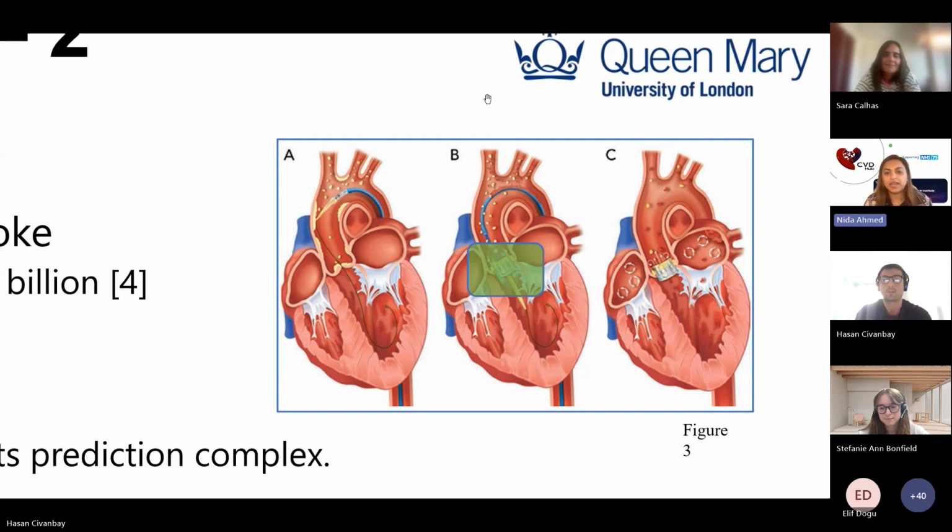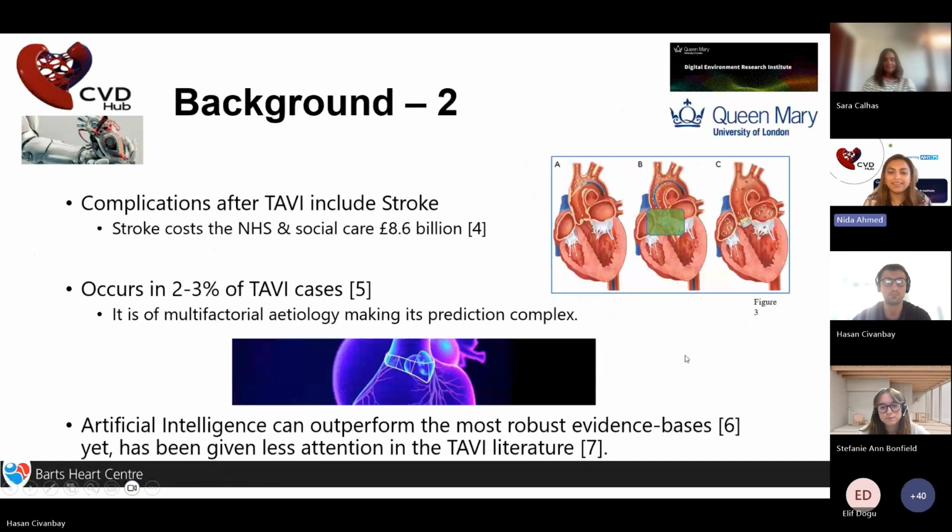Further research has gone on to show that stroke post-TAVI is actually a multifactorial condition, and that's what makes this prediction so complex. Artificial intelligence has been proven to outperform even robust evidence bases, but it has been given less attention in the TAVI literature. So that's where our work has come in.